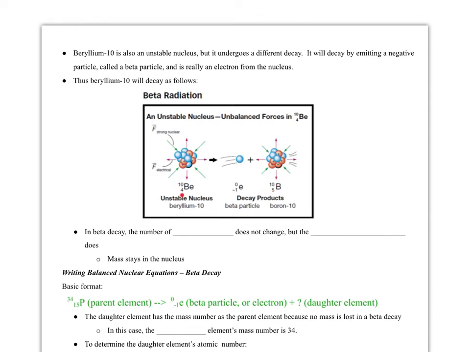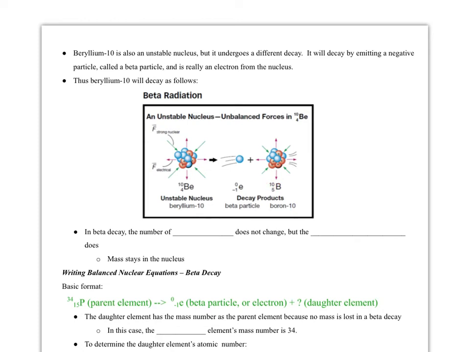Now, our atomic number in the reactants has to equal the sum of the atomic number in the products. So -1 and 5 add to 4. And because we have 5 protons, an element with 5 protons in our data booklet periodic table is boron, and therefore we know that we have created boron-10.